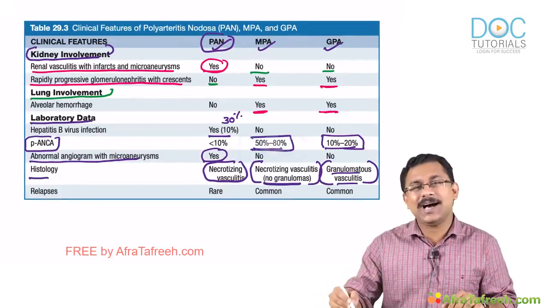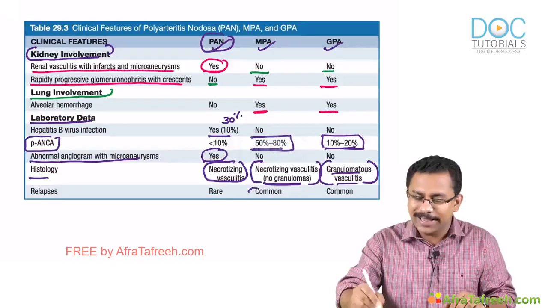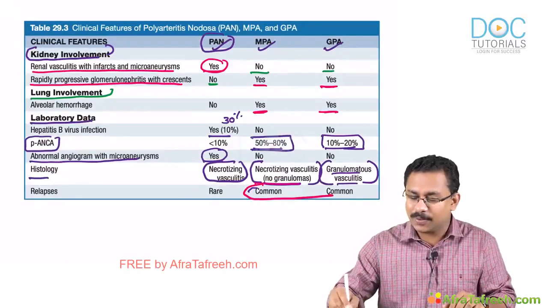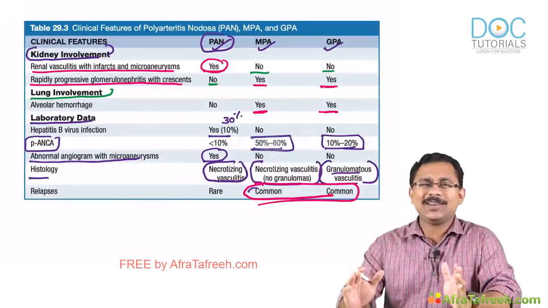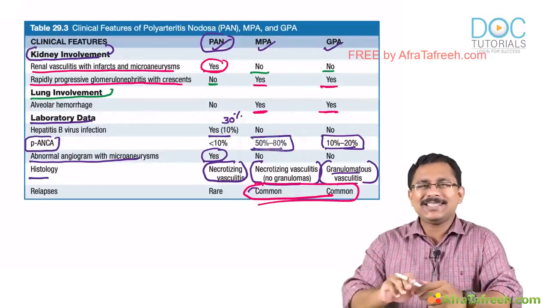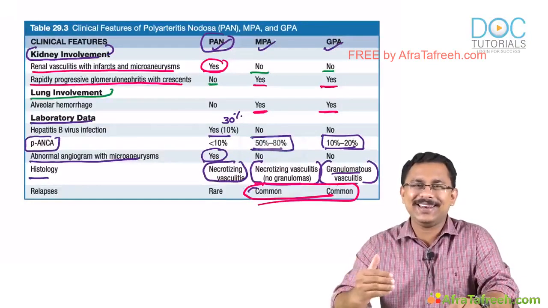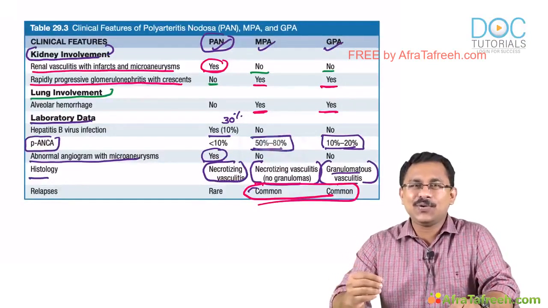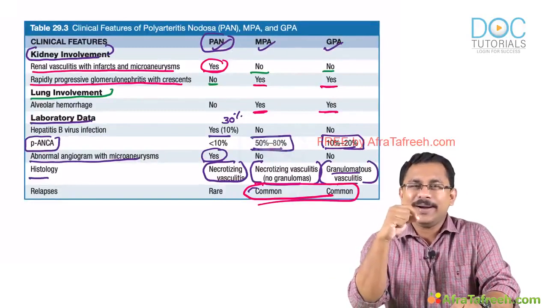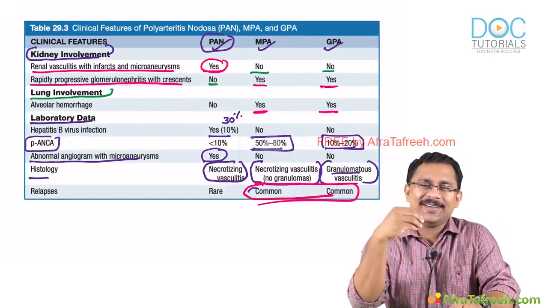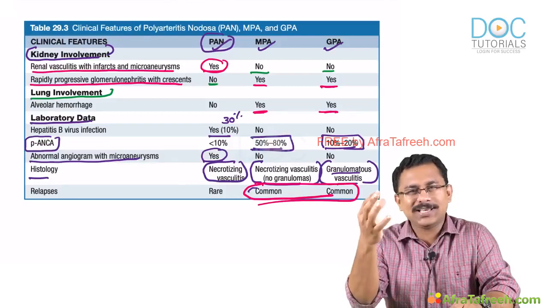And relapses are more common in case of your MPA as well as GPA. Okay. So it is in those two conditions that you have relapses. So always keep it in a table format, because it is likely that you might get confused in exams. Okay. So the examiner might be trying to confuse you by asking you some question regarding which is an ANCA associated vasculitis.